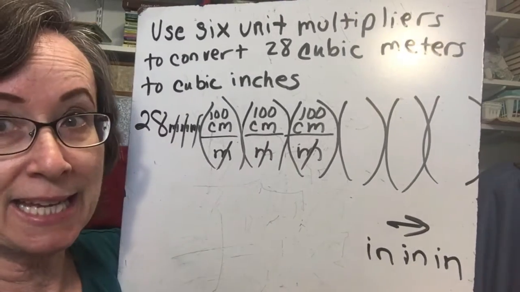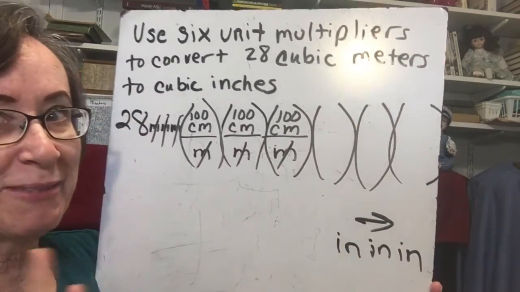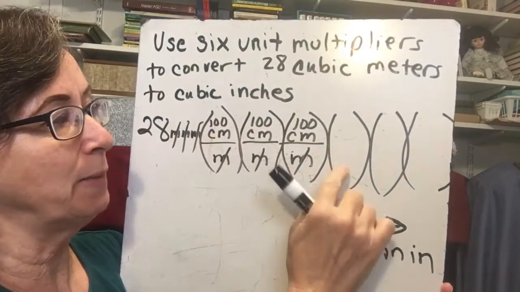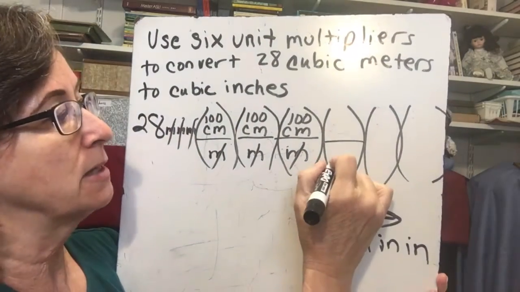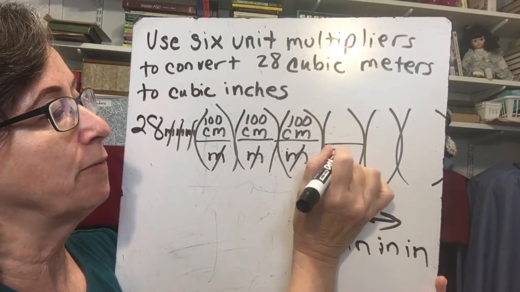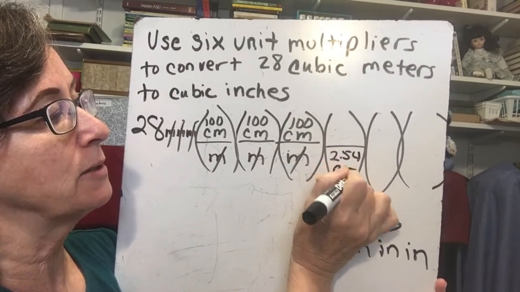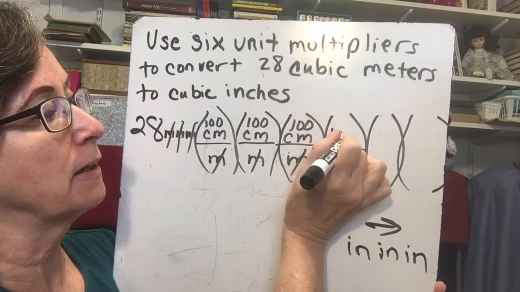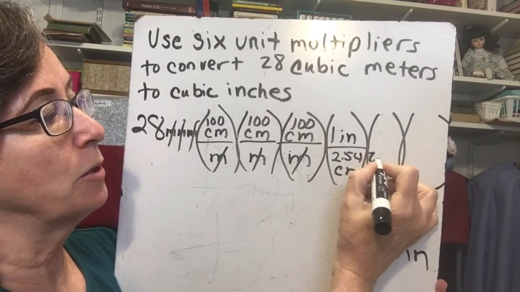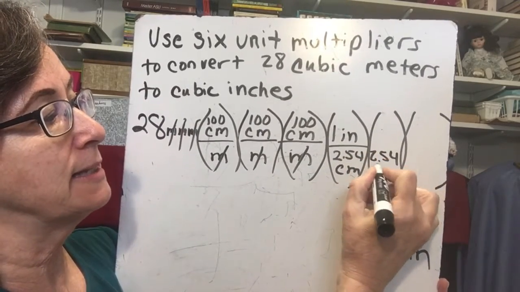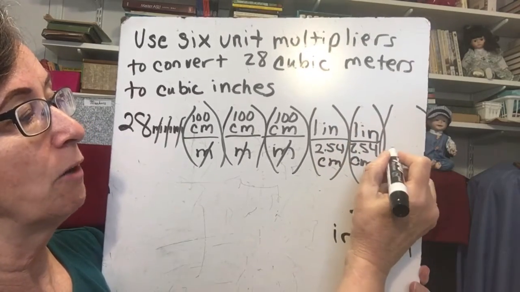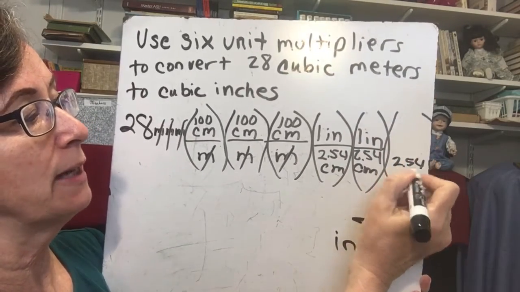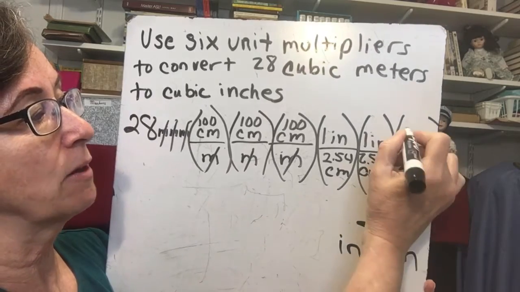We're trying to get to inches cubed. So we have a conversion, don't we? Since centimeters are on the top, don't we want centimeters down the bottom? So we're going to say 2.54 centimeters is 1 inch. And we're going to do it again. 2.54 centimeters is 1 inch. And one more time, 2.54 centimeters is 1 inch.